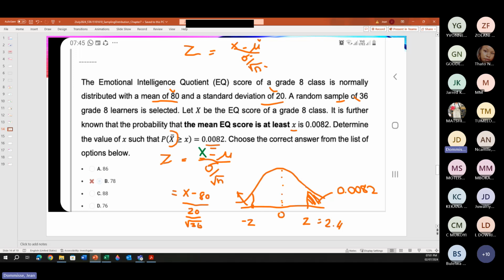Okay, so now at least we know what our Z is. So let's quickly work that out. Ugh, again, not a nice sum. So 20 divided by, oh, square root of 36 is 6.